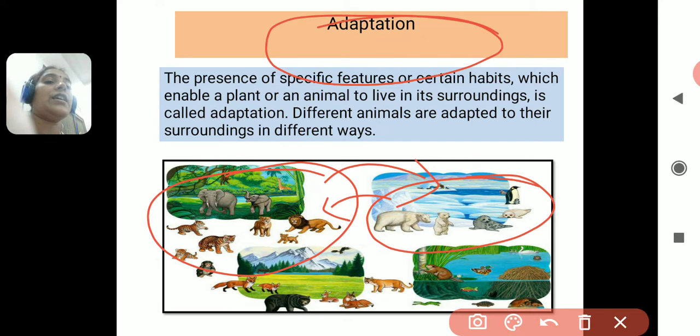In the same way, the water animal can't survive in the forest. So all animals have specific features which help them survive in their different surroundings. I hope, students, you are now able to understand the meaning of adaptation.